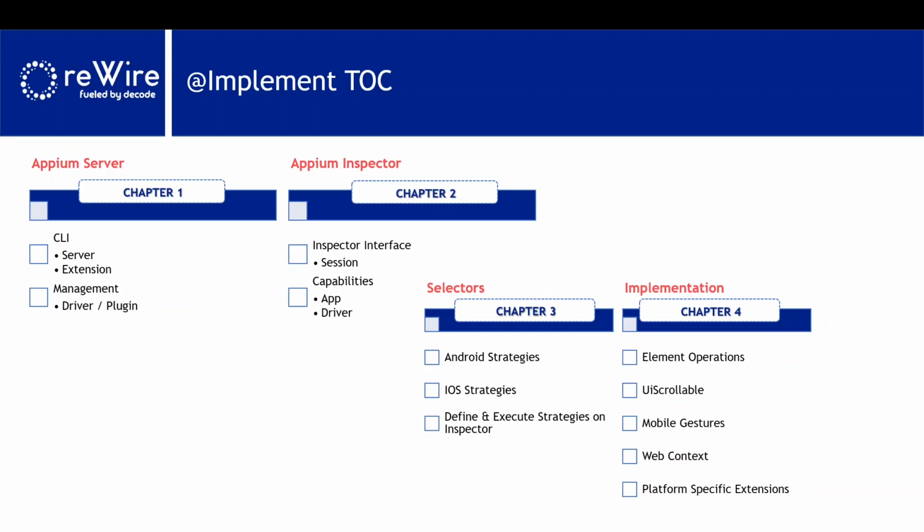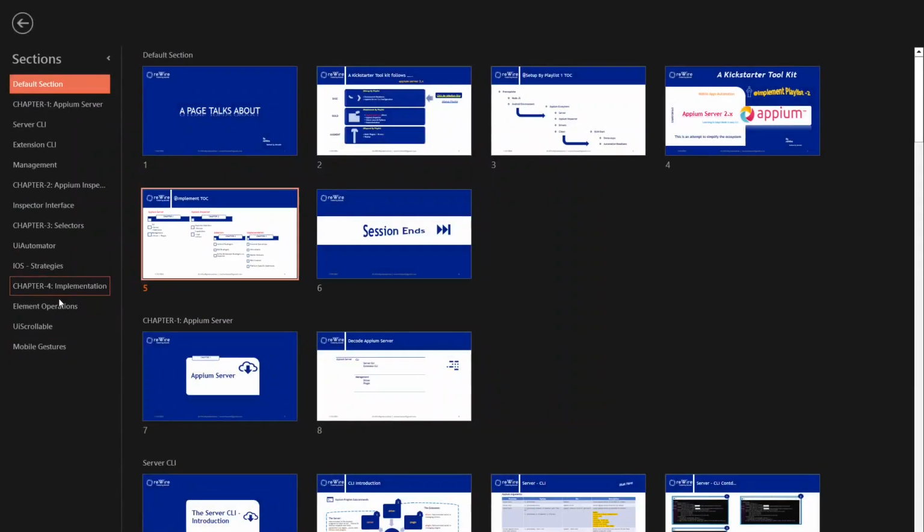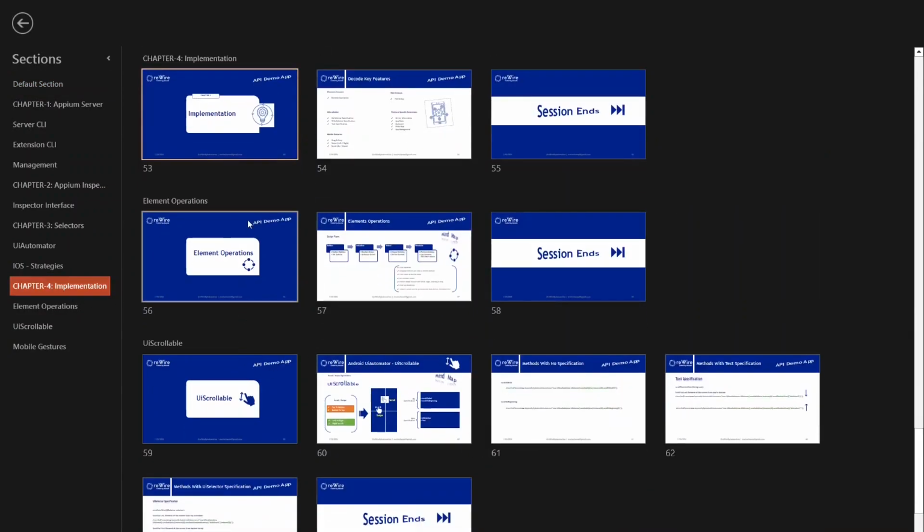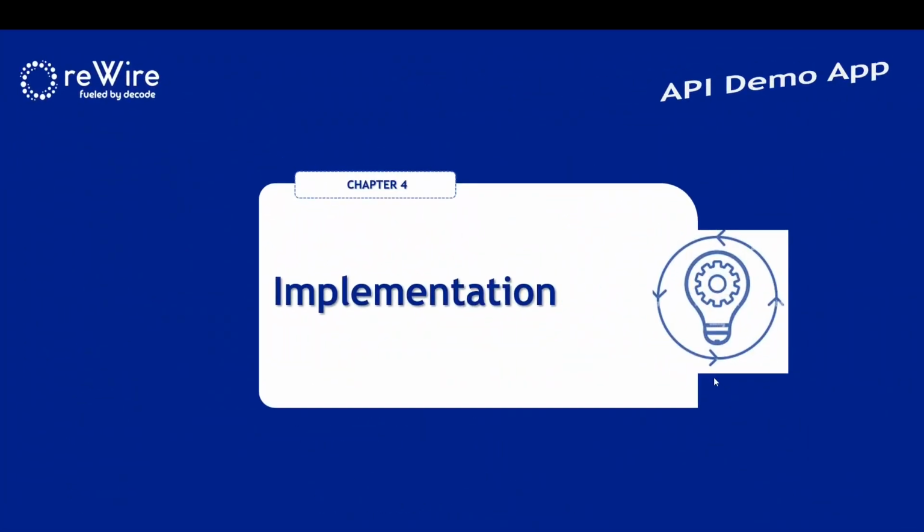Okay, so let's move forward to chapter 4. In the implementation, we are mainly focusing on the core methods that have changed and the basic methods that we can implement with demo apps, so that beginners watching can easily connect with this session and start scripting from their end.